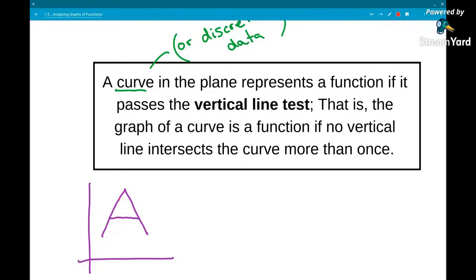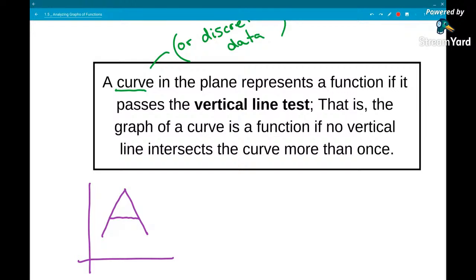You could do it in other places, but you only have to show it fails. You only have to show one vertical line intersects twice. You could draw this one, boom, boom. Right? So as long as you could show it intersects more than once, then you have shown it fails the vertical line test.